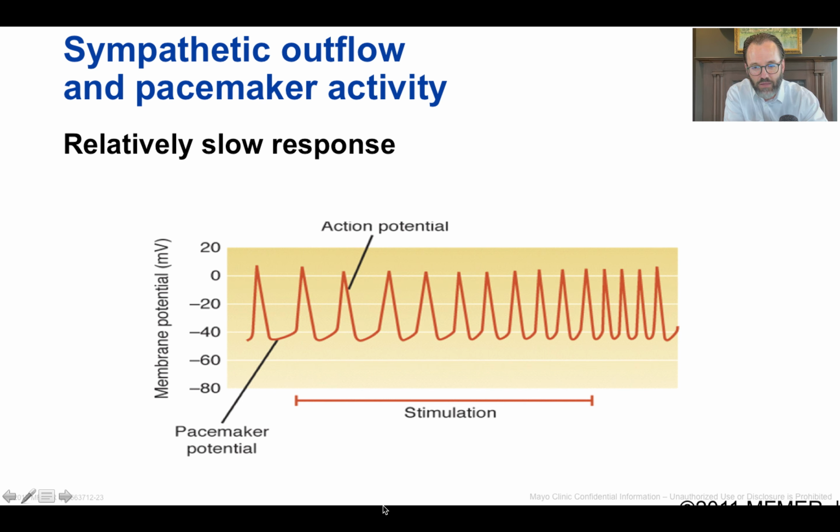And so you can see here that with stimulation of sympathetic nervous system outflow, what we have is a relatively sluggish increase in the firing rate of the pacemaker. Okay, so here, again, as we'll see later, the parasympathetic nervous system is a very rapid system. But here, it's far slower and it requires a much longer ramp-up period in relative terms.